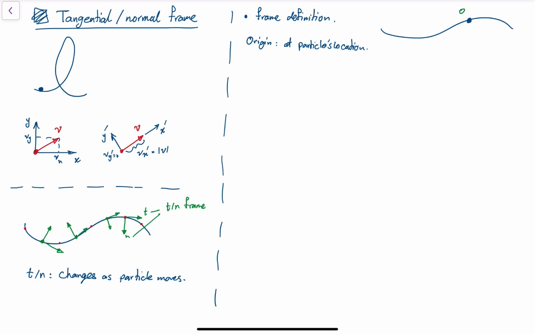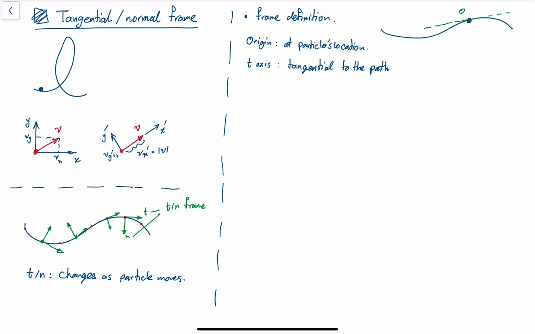We then need to define the two directions of the two axes. We define the t-axis, or tangential one, to be tangential to the path. So it is along this tangent, but we have two choices, either forward or backward.